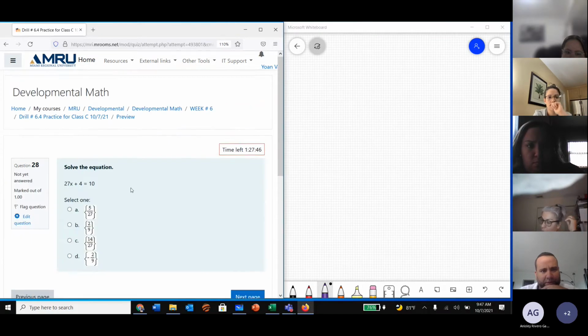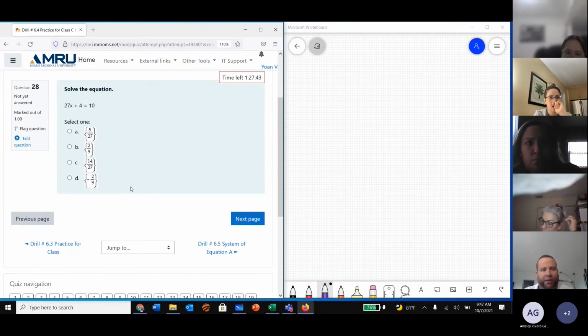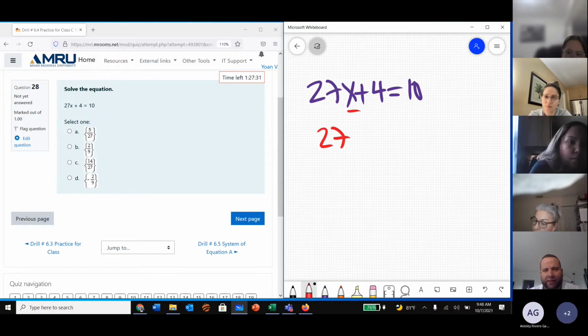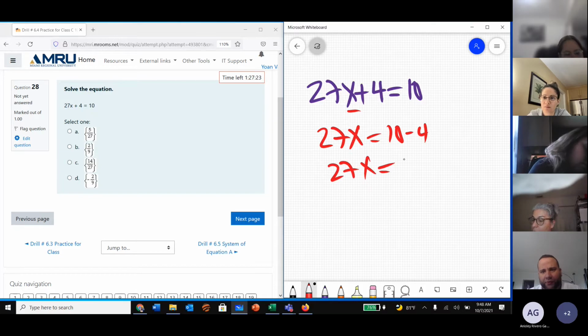Let me do this equation 28. 27x plus 4 equals 10. We need to get the value of x. We have 27x, and 4 that is adding goes negative. And then we have 10 minus 4, which is 6.